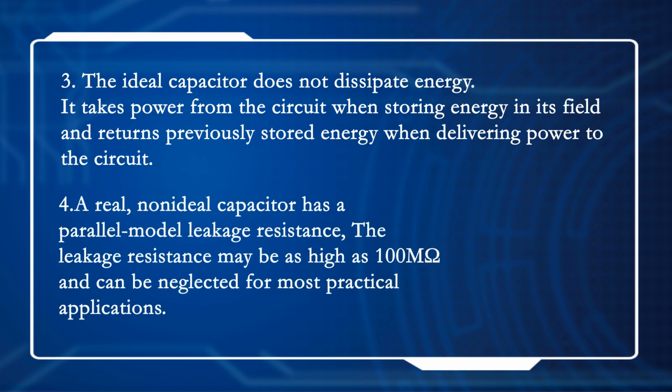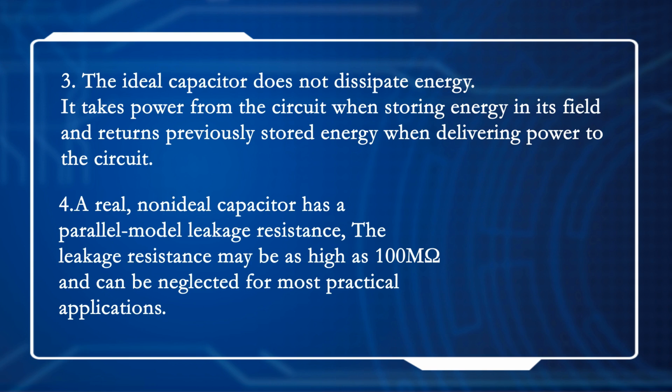Fourth, a real non-ideal capacitor has a parallel model leakage resistance. The leakage resistance may be as high as 100 mega ohms and can be neglected in most practical applications.